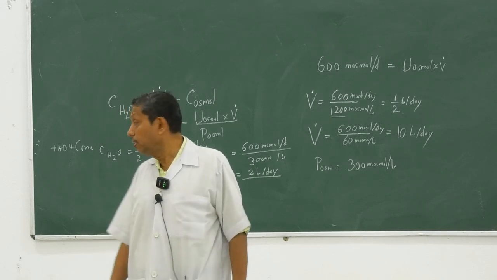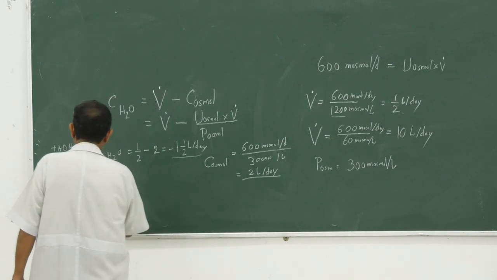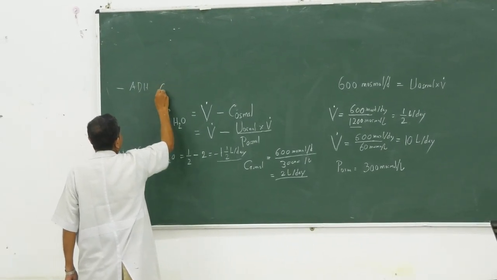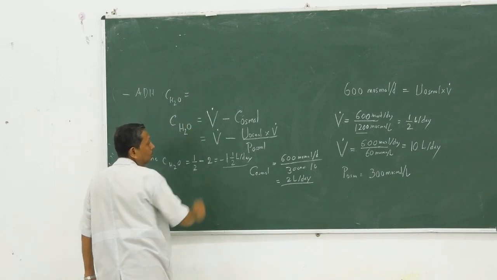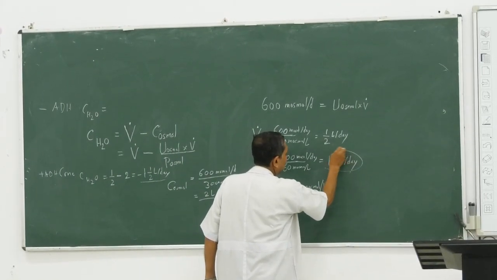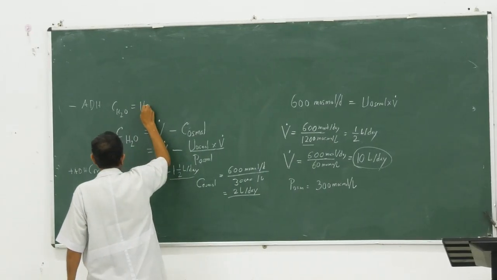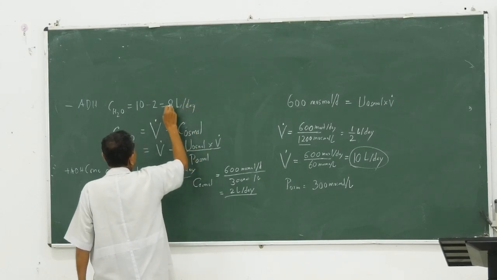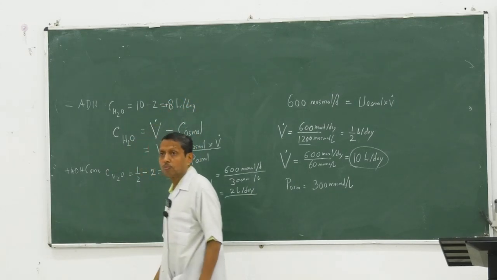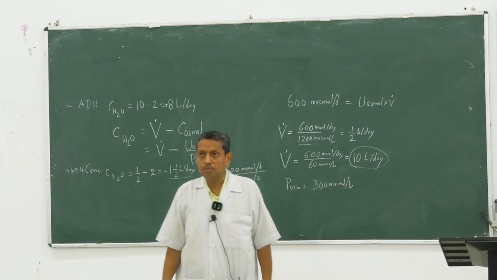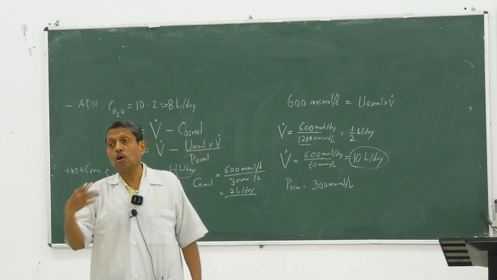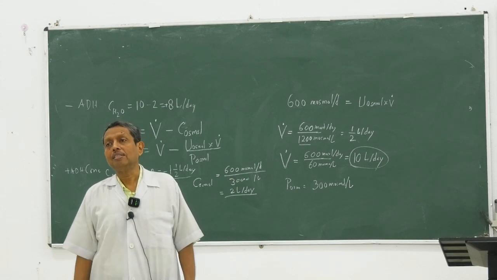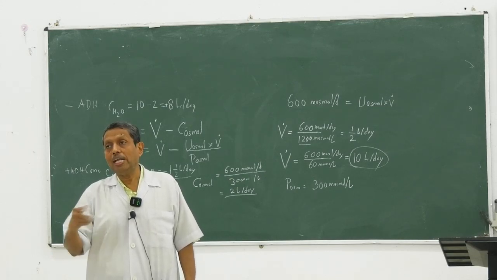On the other hand, whenever there is no ADH, minus ADH, the clearance of H2O is equal to V, which is 10 liter, minus 2 liter, that is 8 liter per day. Positive value, so this amount of water has been lost in relation to the osmotically active particles to be eliminated.